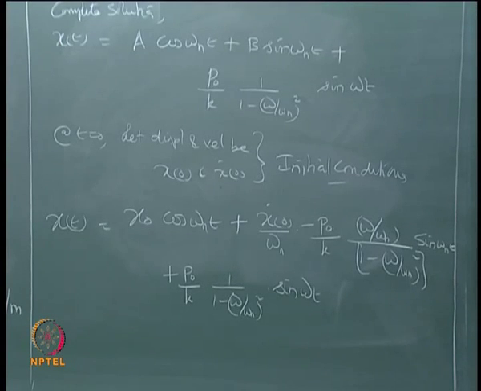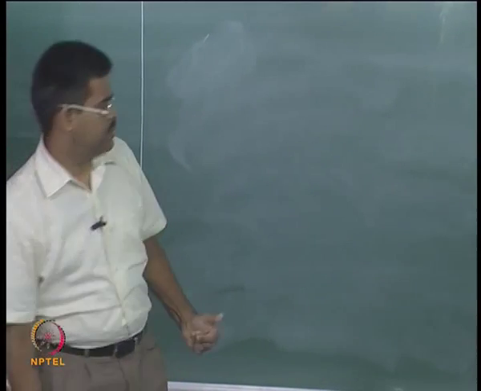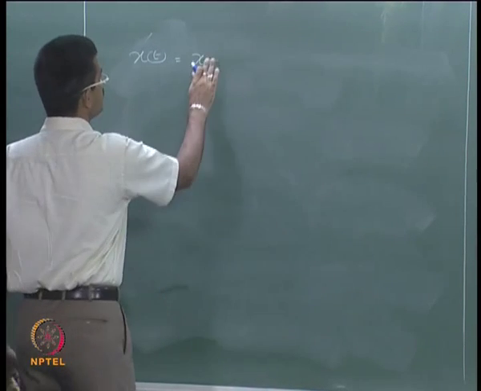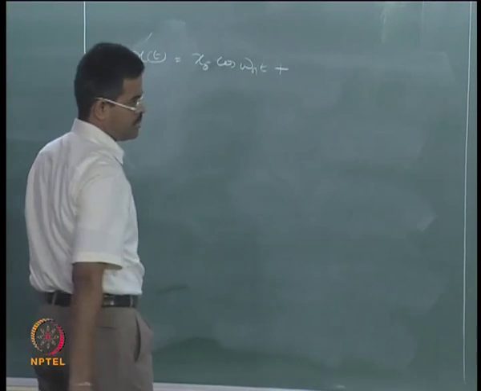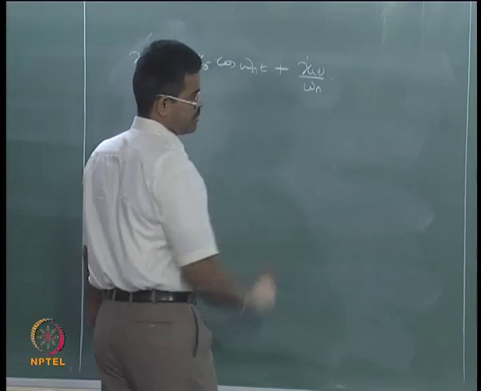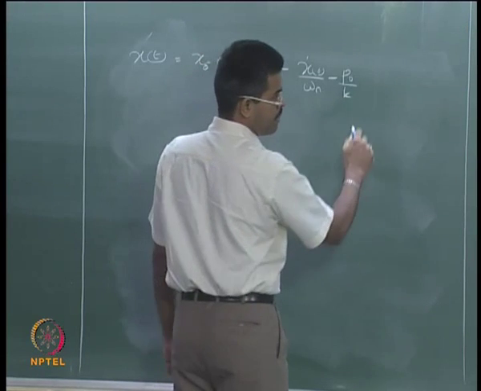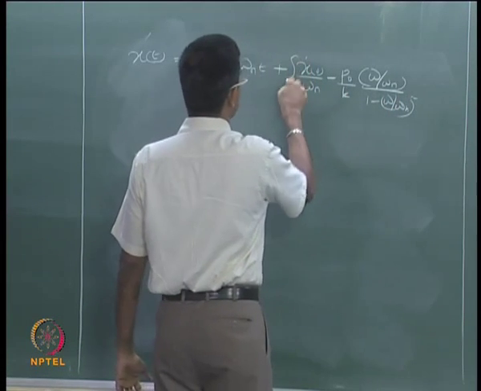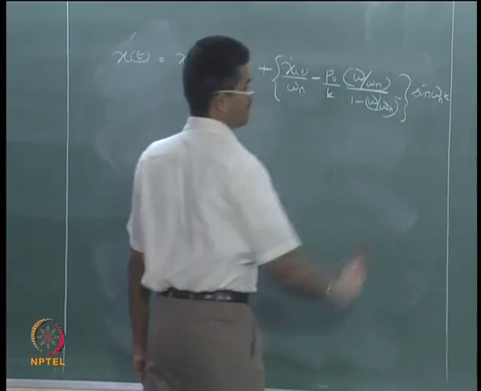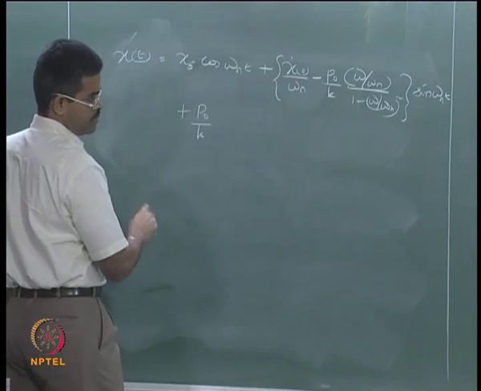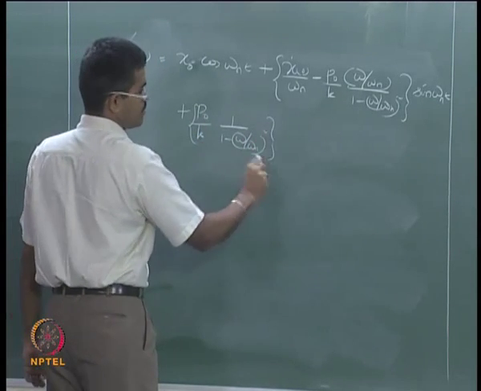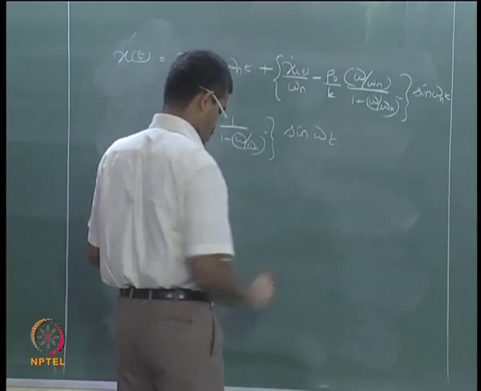Once we got the complete solution for x of t, which I am rewriting here again, x of t is x0 cos omega n t plus x dot 0 by omega n minus P0 by k omega by omega n, sin omega t.